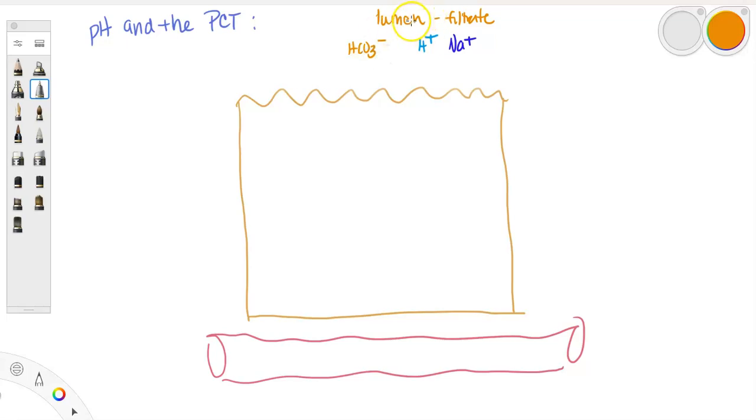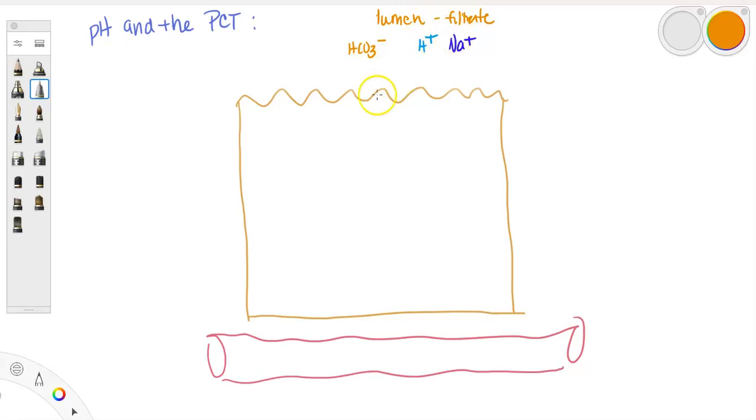Because remember, we're going to end up reabsorbing a lot of this stuff. So we're going to end up reabsorbing, I don't know how many, like a gallon or something of bicarbonate, you know, back into the blood. We're going to be reabsorbing sodium. We're going to be reabsorbing all that stuff.